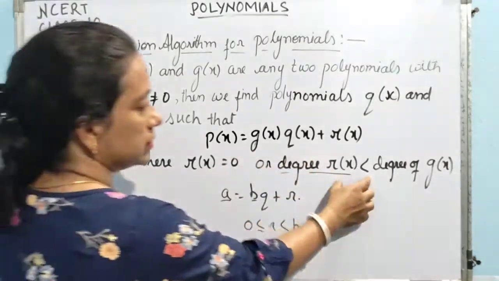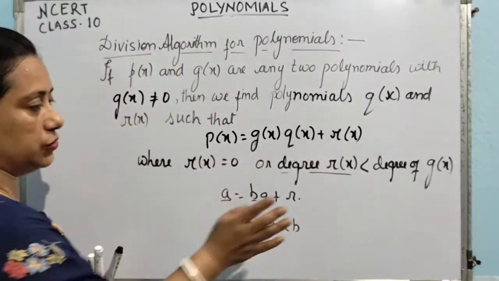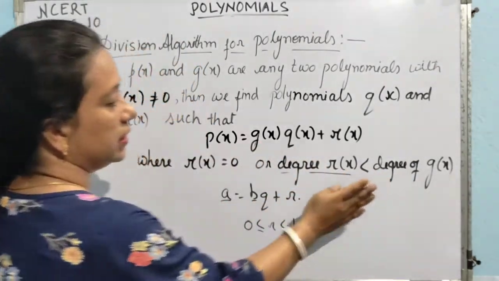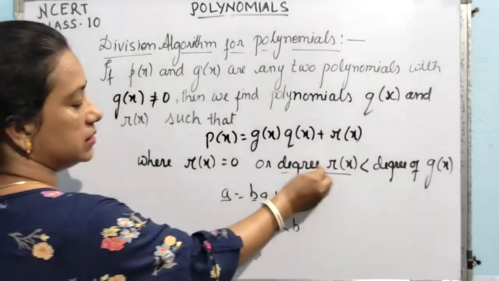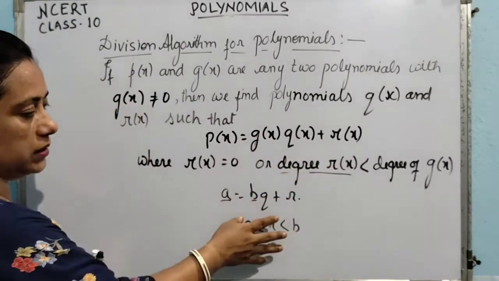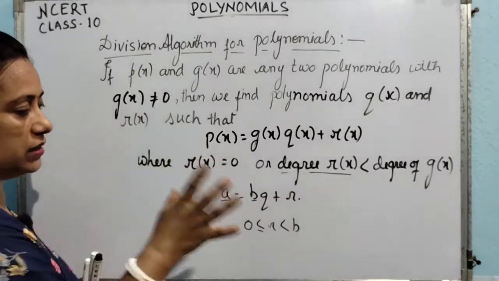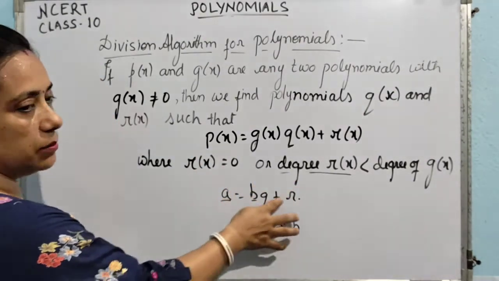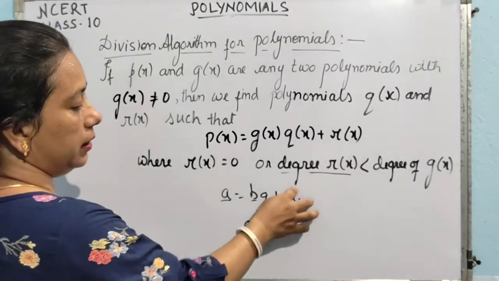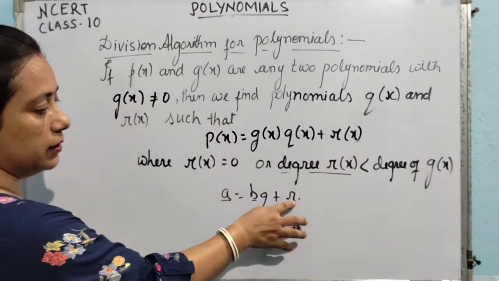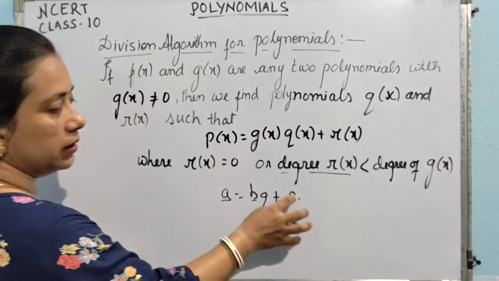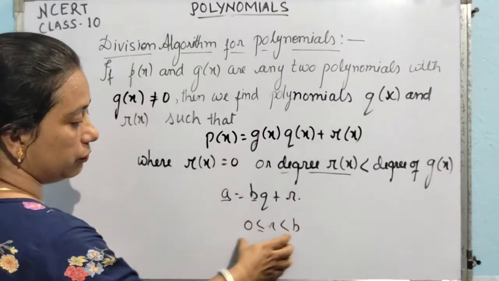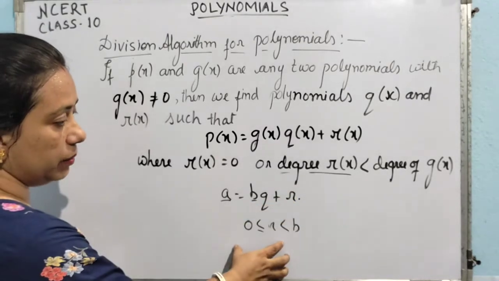So there is no real difference actually, only this extra thing in the case of polynomials. In case of Euclid's division lemma, we were just dealing with simple numbers, and you were concerned about the range for the remainder, that is, between which two values the remainder will lie.